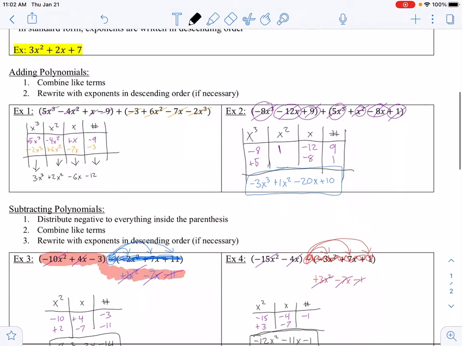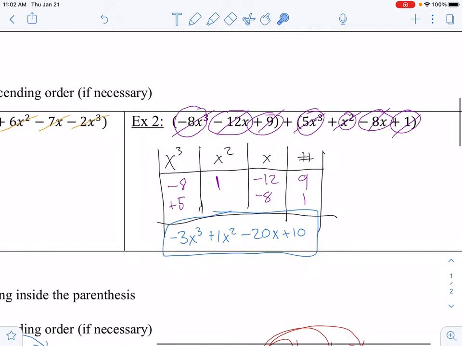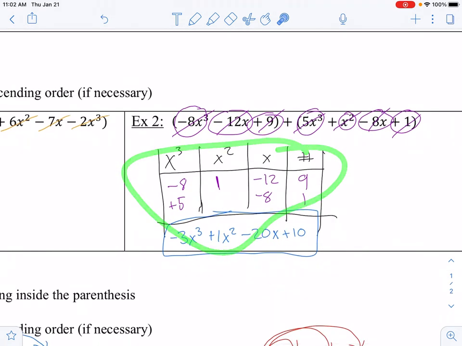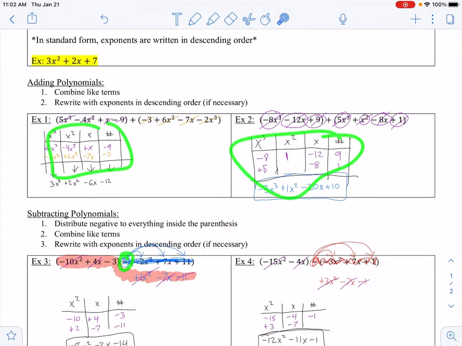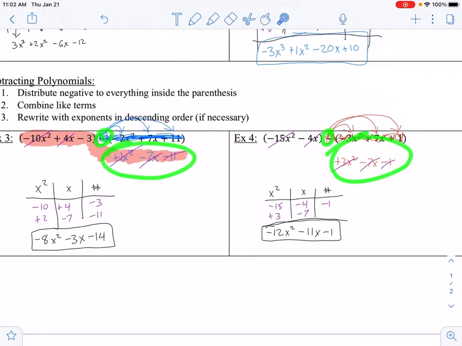So remember, the most important thing we're looking for: if it's a plus sign, you don't have to change anything. You just throw them in your little chart and figure out what your answer is. If you have a minus sign, if we're subtracting the group, then you have to do the opposite for the second group. That's the only difference, okay?